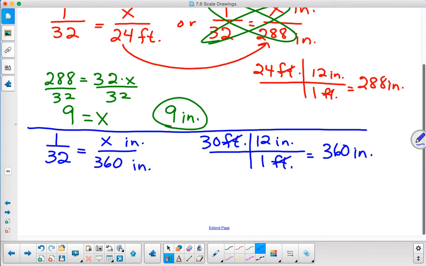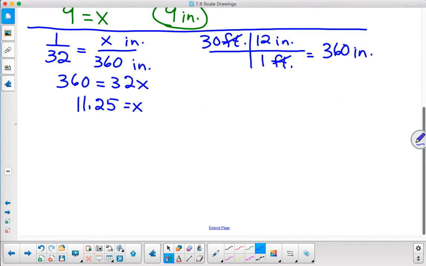360 inches. Cross multiply. 360 equals 32x. 360 divided by 32, 11.25. I recognize that as 11 1/4.